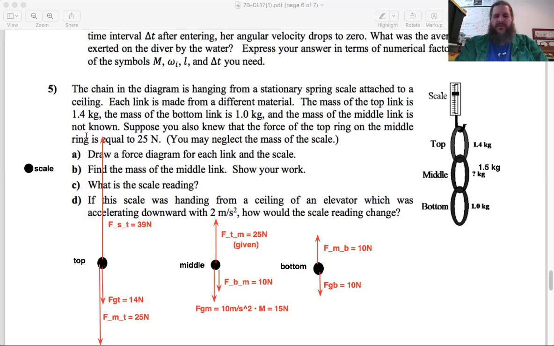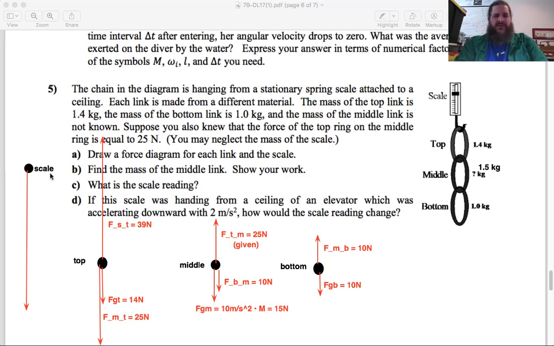First of all, just from Newton's third law, what force do we have to include to keep everything honest? If the scale is pulling the top link up, then the top link has to be pulling the scale down with the same 39 newton force. So these two would be a third law pair.